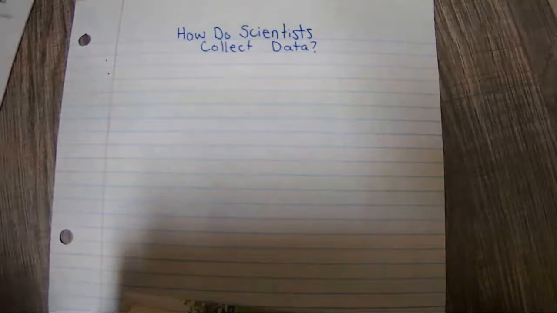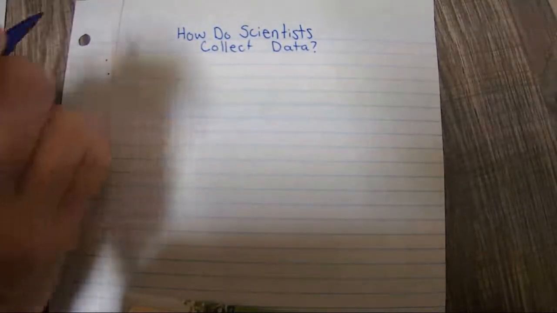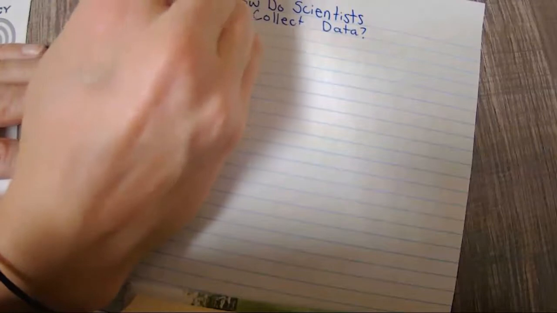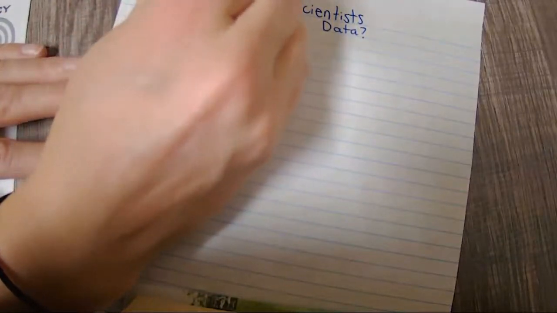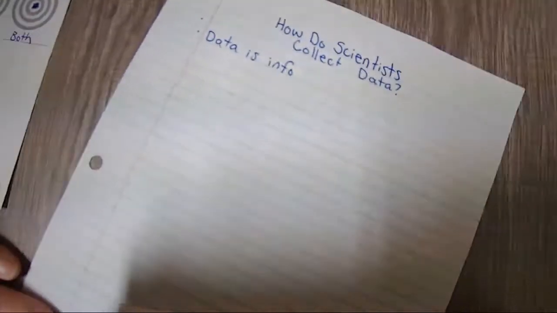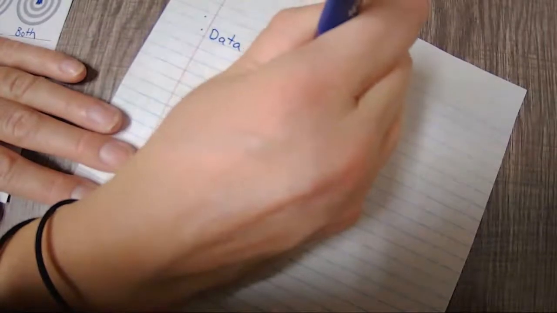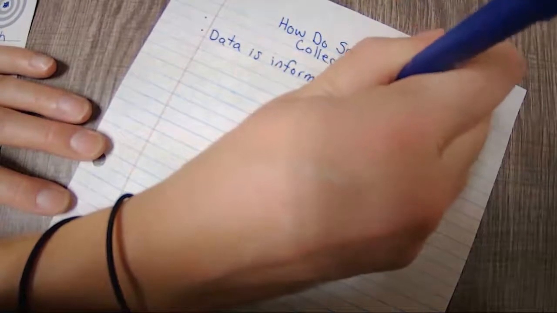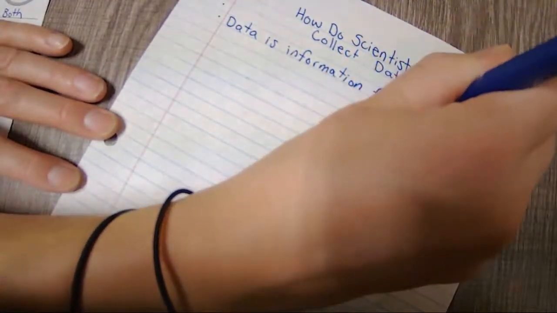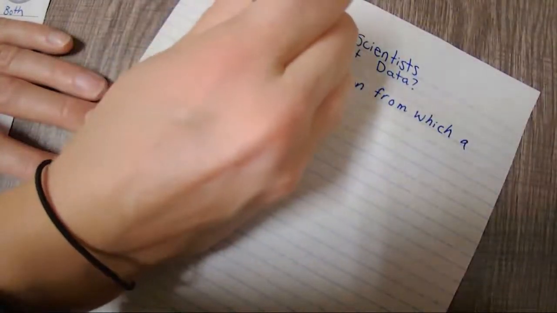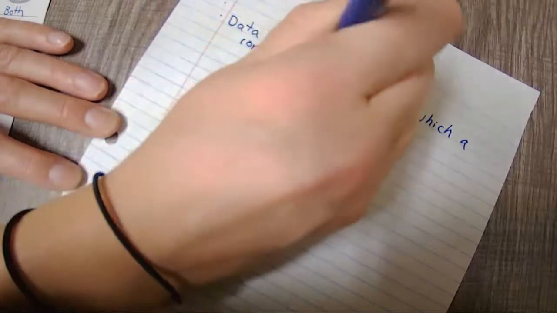And we should probably first start by defining what data is. Okay. So data is information from which a conclusion can be drawn. So data is information from which a conclusion can be drawn.